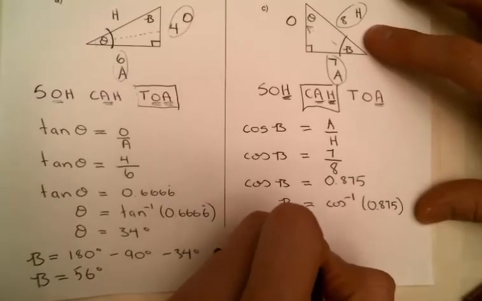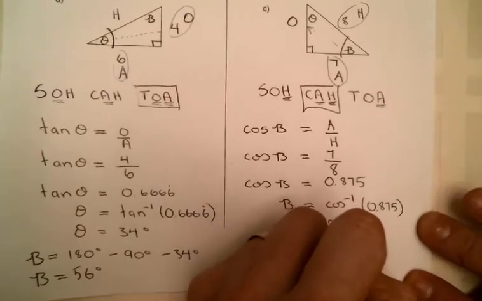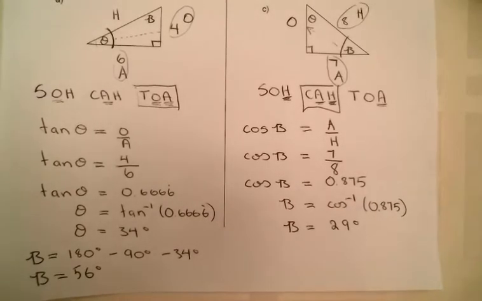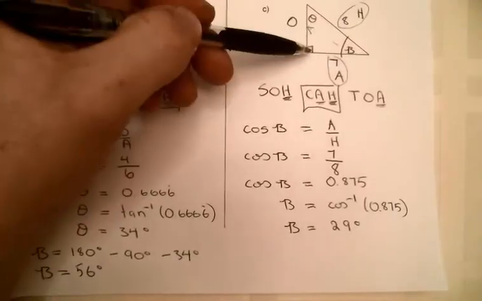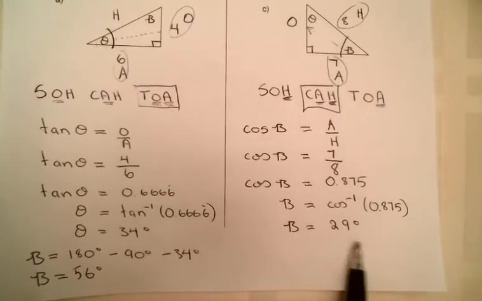And that goes in your calculator. Shift cos will give you inverse cos, and you get 29 degrees. Great, so for this triangle, we know, well, the 90-degree angle. We know beta is 29 degrees.